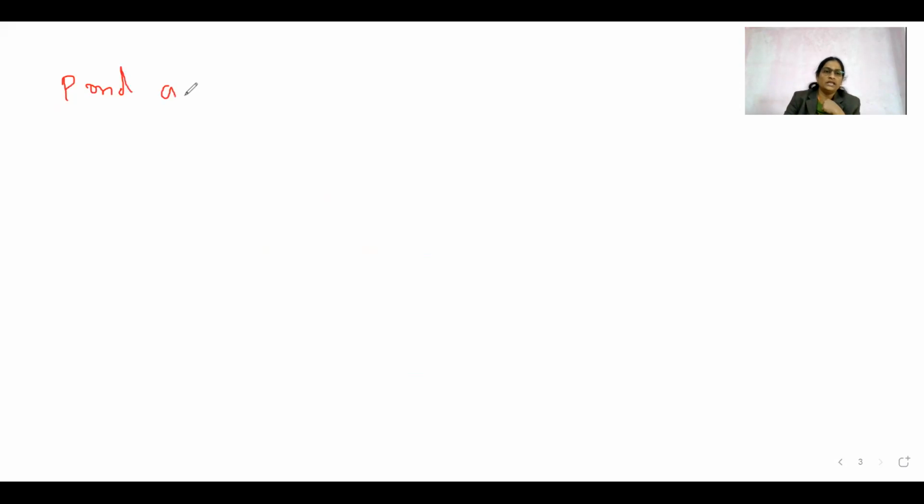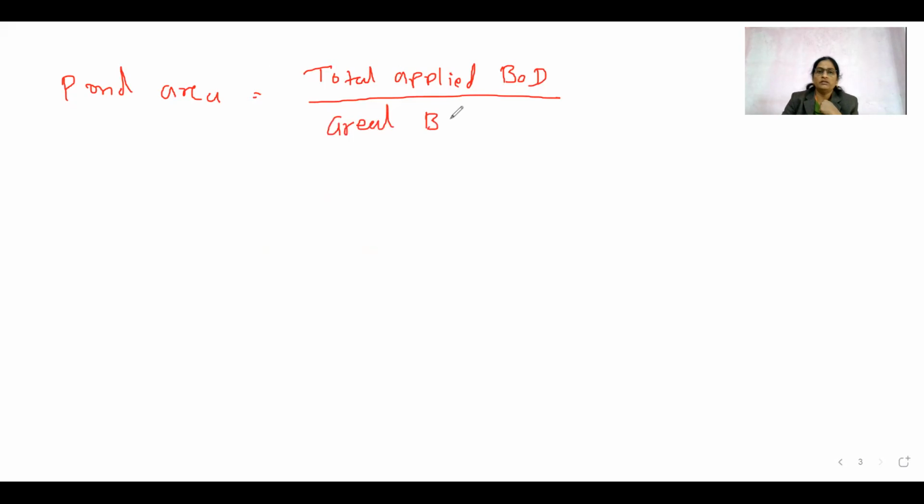Okay, pond area. How to find out the pond area? We know the total BOD applied and the aerial BOD loading applied, so from that you can find the pond area. Pond area is equal to the total applied BOD to this particular oxidation pond upon the aerial BOD loading, which we have calculated.